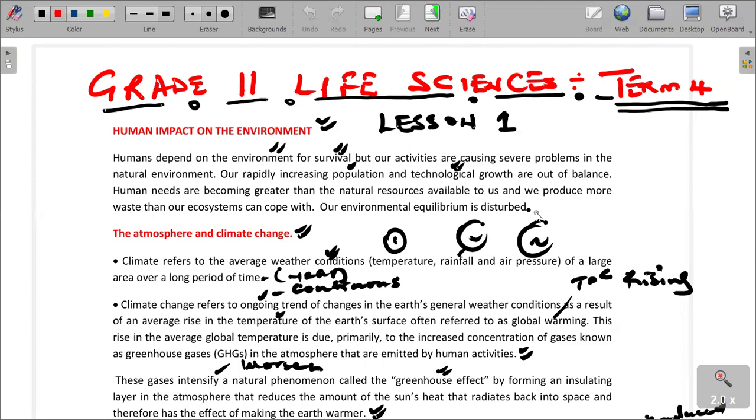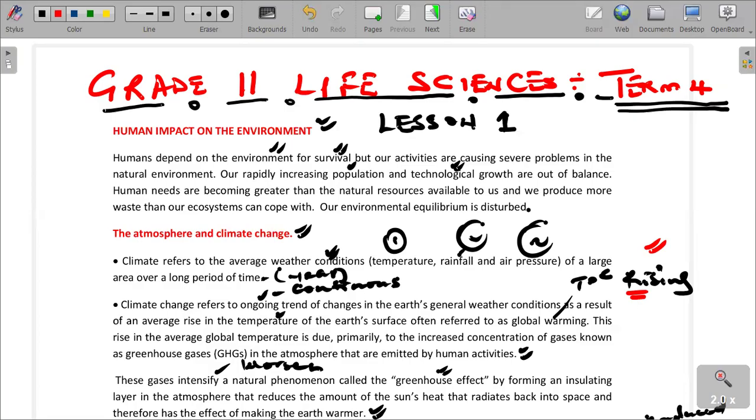Global warming is a general increase in temperatures over a large geographical area and over a long period, which is caused by various factors that relate to human activities.